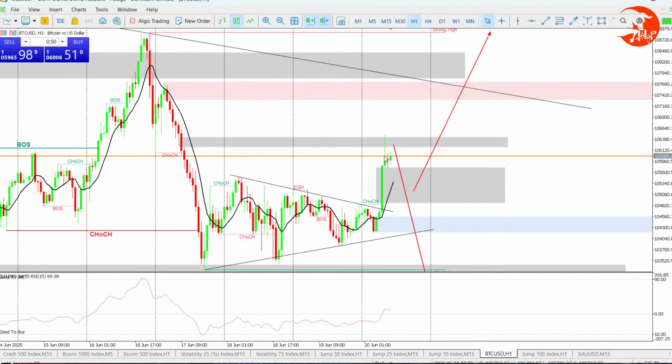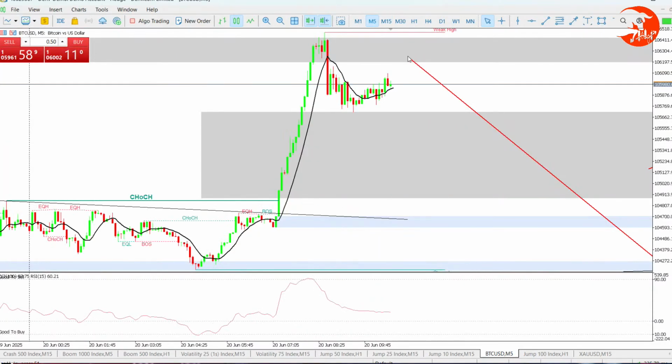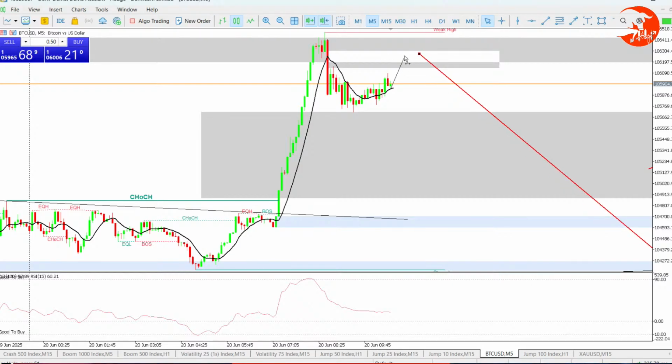So for now, let's get ready for the sells. If I go to M5, let's see where the confluence area is. We have the fair value gap there, so we need price to get there, and then we come in with sells. It may even reach the order block above, so we just have it around that level and then wait for sells.